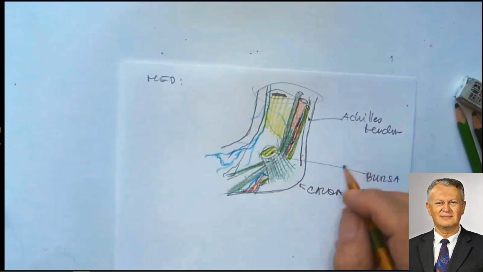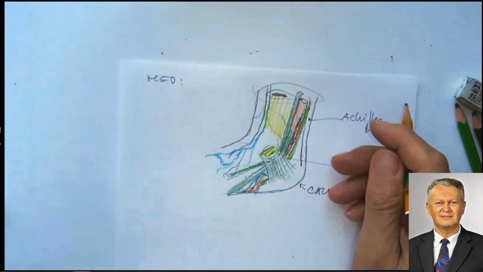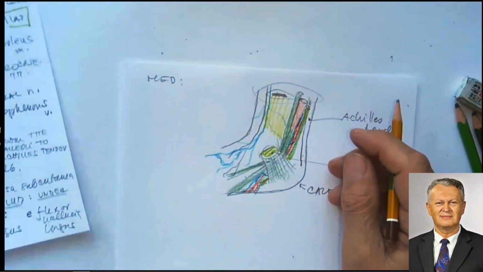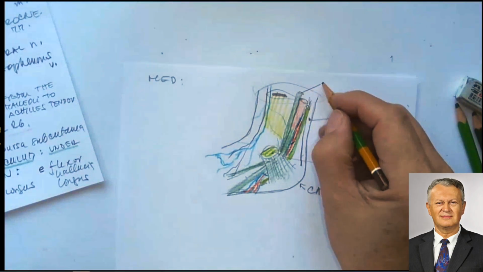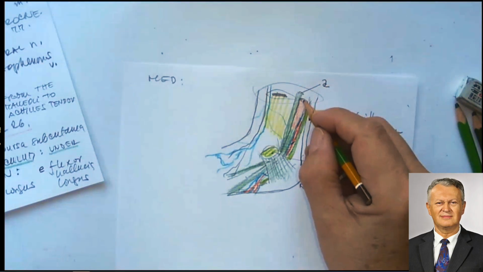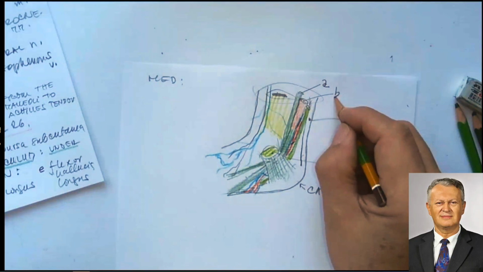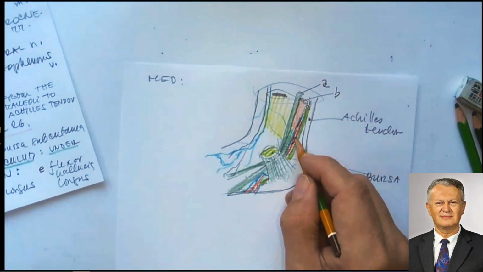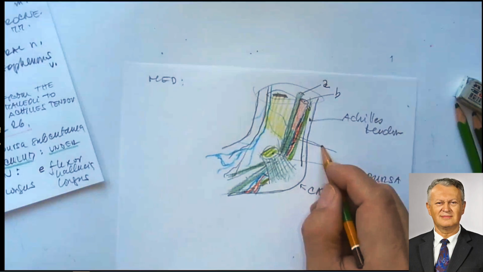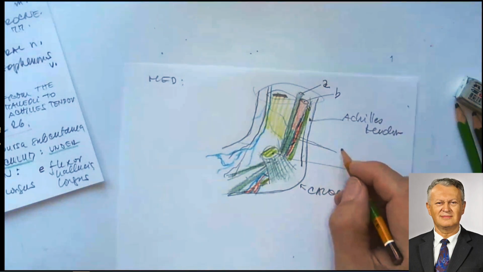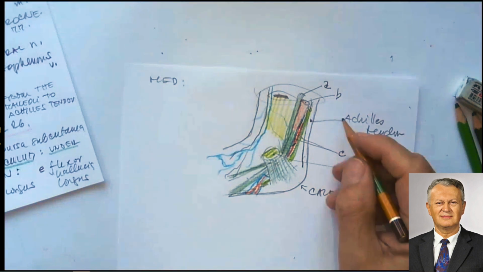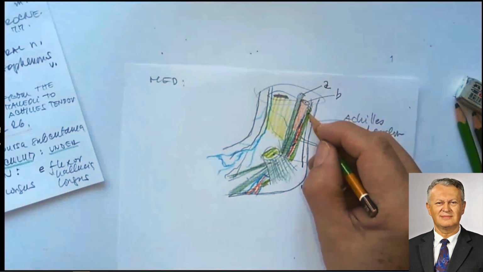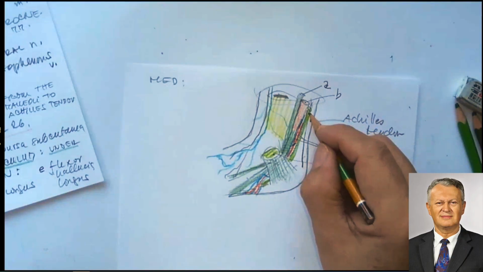Here, I have to look at the previous paper: tibialis posterior, small a, then flexor digitorum longus, B, then vein, artery is the C. There are three structures, and then must be tibial nerve.